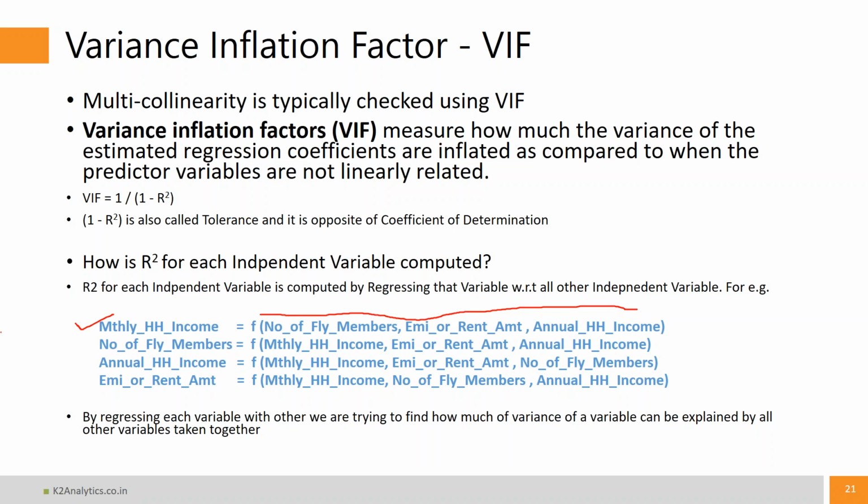So here, if I build a model of monthly income as a function of number of family members, EMI, annual income, it may so happen the beta of this may come as 0, and the beta of annual income may come as 1 divided by 12. Possible. I don't know what the betas will be, but it is possible, right?